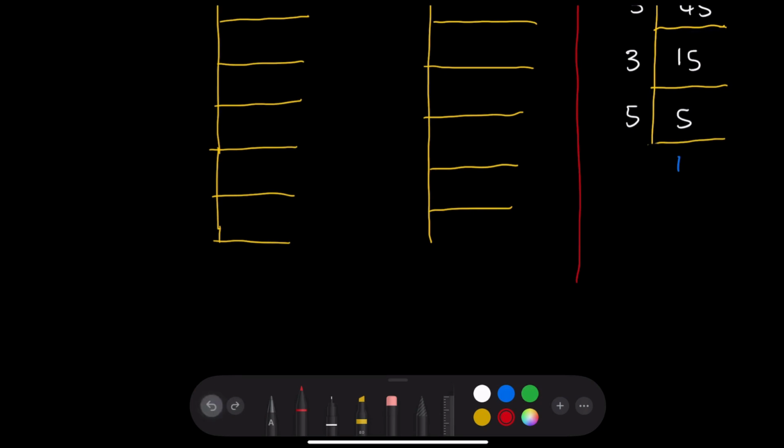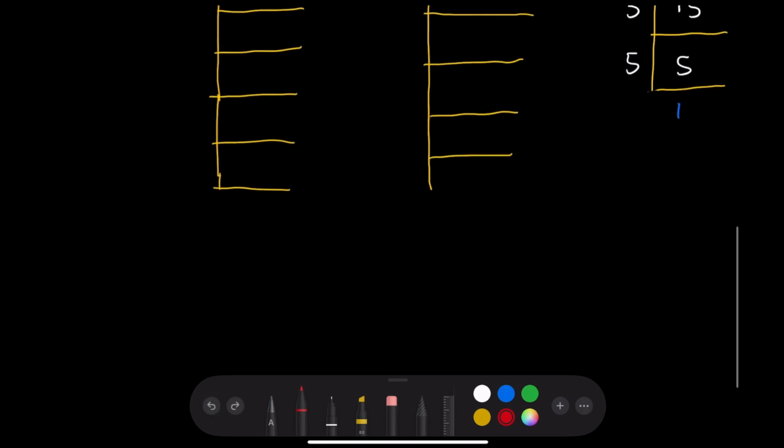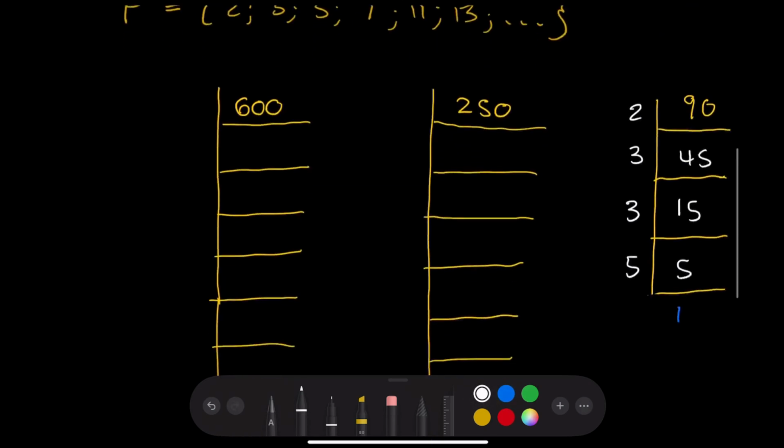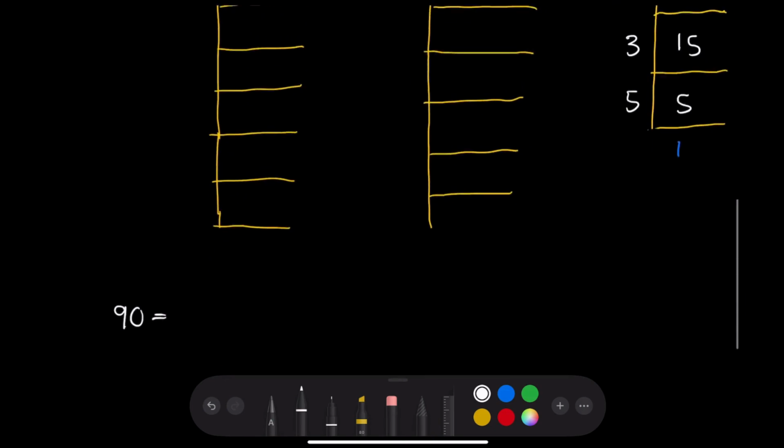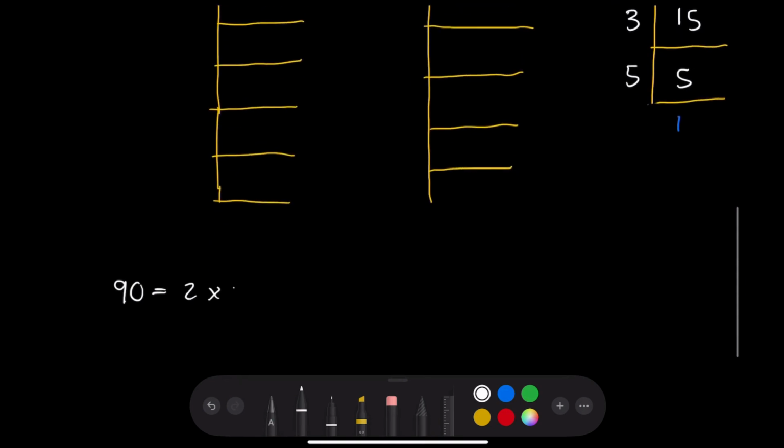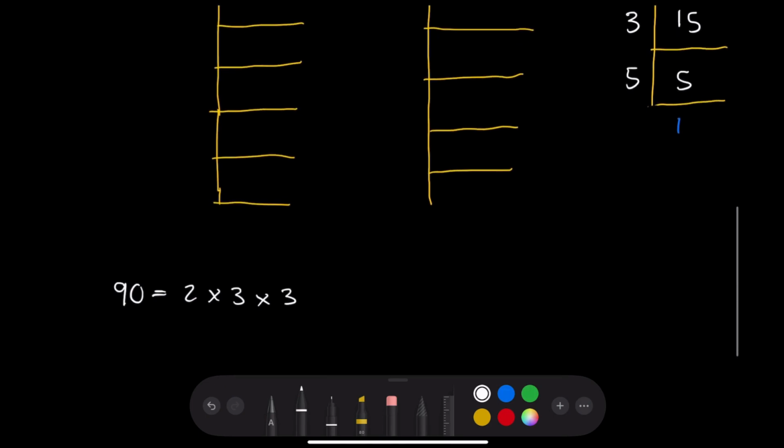Therefore, I know for my very first set, 90 can be expressed as 2 times 3 times 3 times 5.